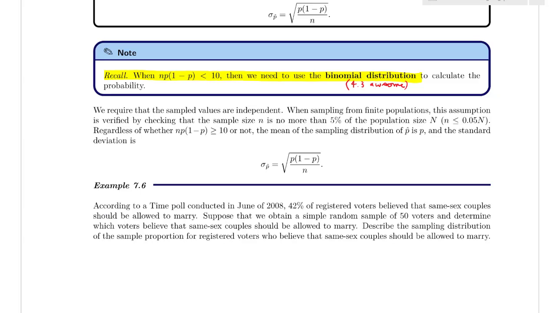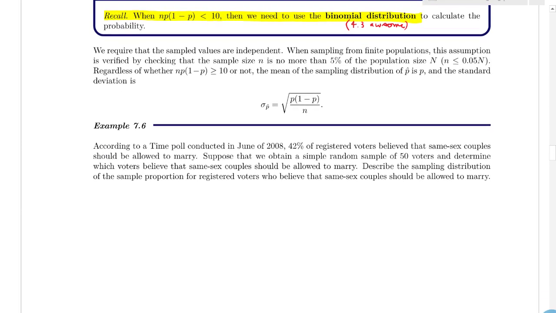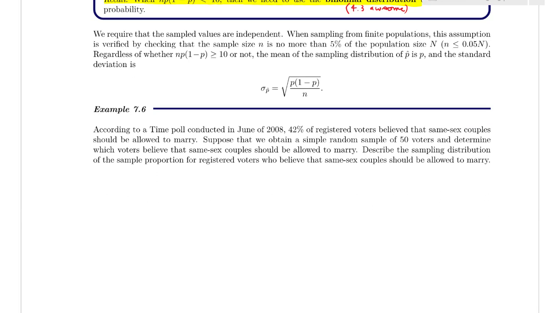So now, let's do a little bit more with that Time poll. It says, according to a Time poll conducted, 42% of registered voters still believe that same-sex couples should be allowed to marry. So now let's take a random sample of 50 voters and determine which voters believe that same-sex couples should be allowed to marry.